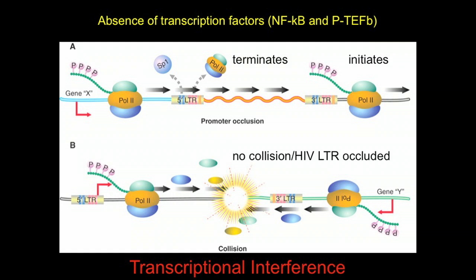Now, Bob Siliciano and Warner Greene have just published a review in Cold Spring Harbor Reviews, and I would just remind you that it's a little bit wrong. We've actually shown very clearly that when the virus is sitting in the sense direction of a gene that's being transcribed over it, it always terminates in the 5' LTR.